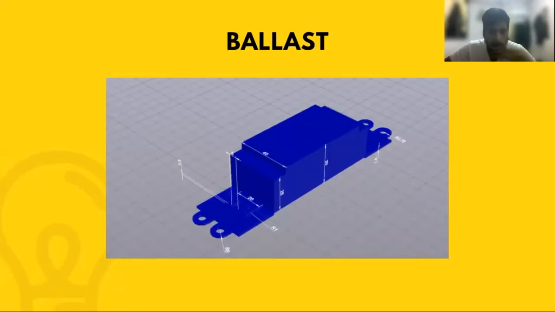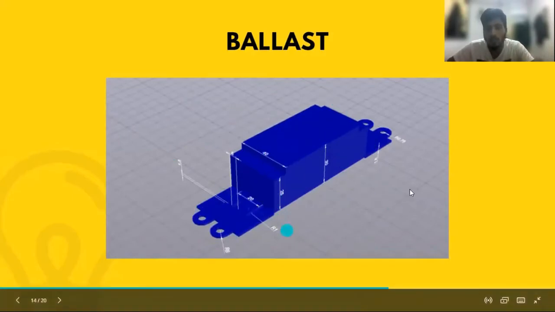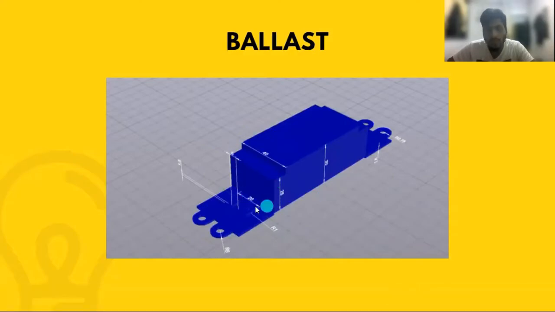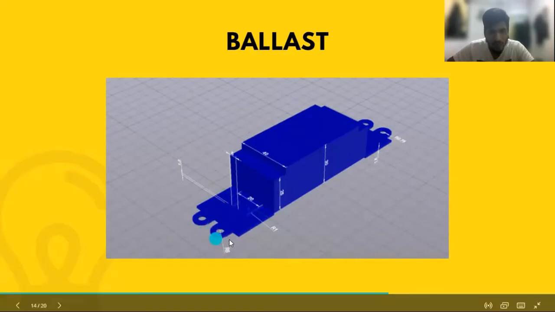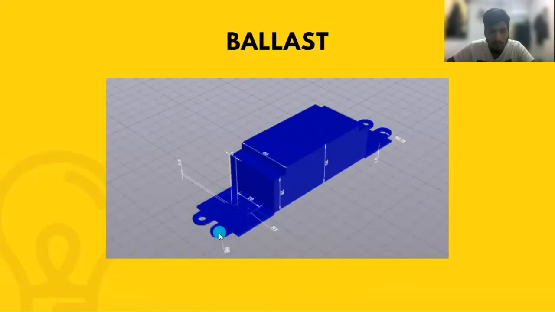So next is the ballast. This is the actual design that we took, and the dimensions are also in millimeters. As you can see here, this part is like a semicircle, and also the circle is the place where we attach the ballast to the lamp case.